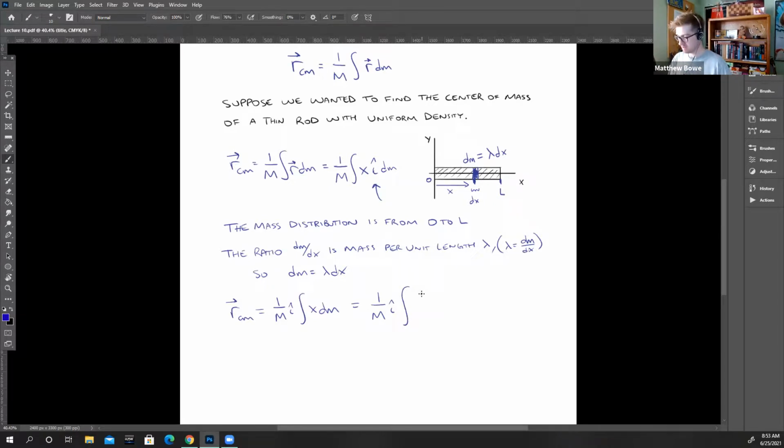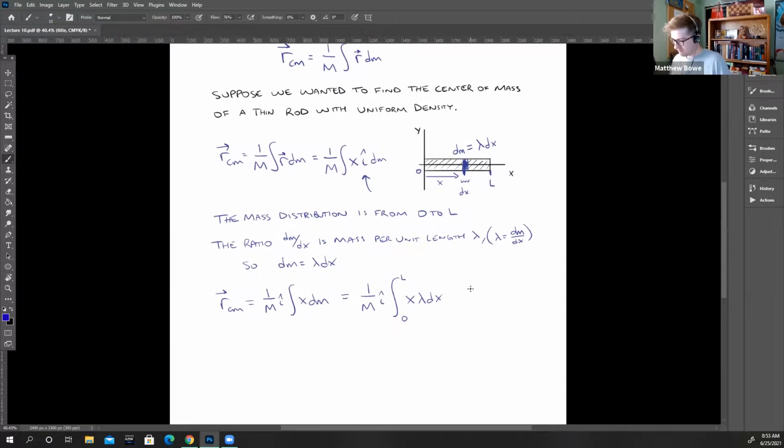We're going to integrate from 0 to L, and this is where I switch the dm into lambda dx. So this is the linear density times a tiny sliver of length.